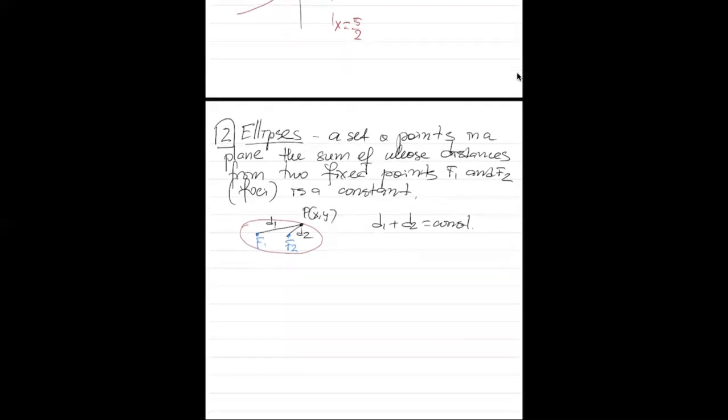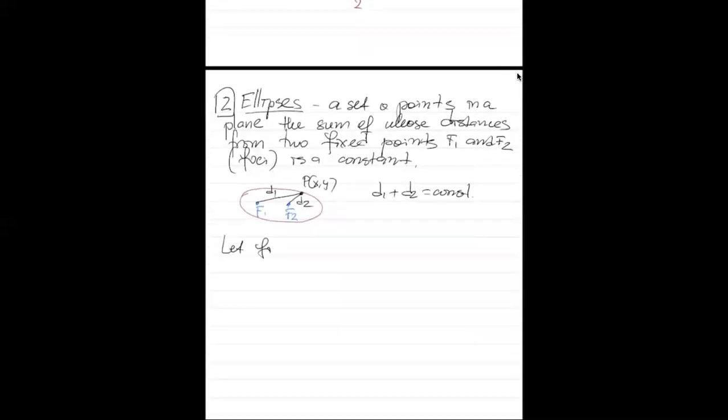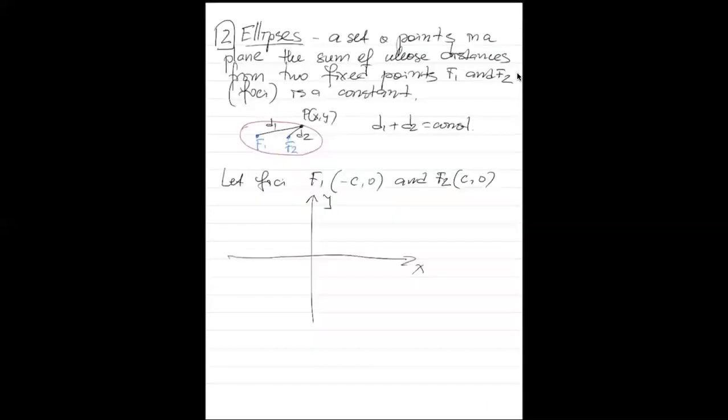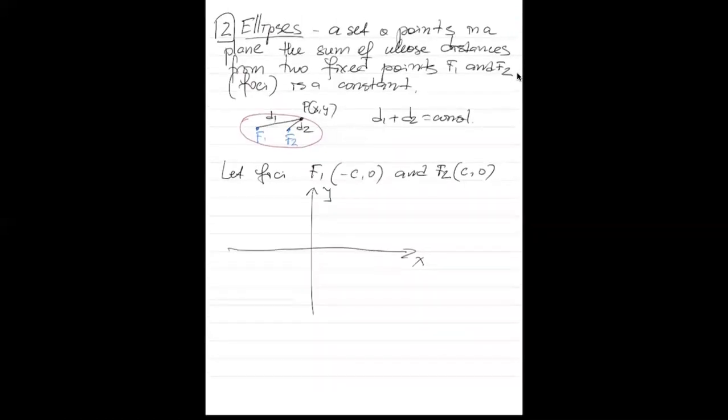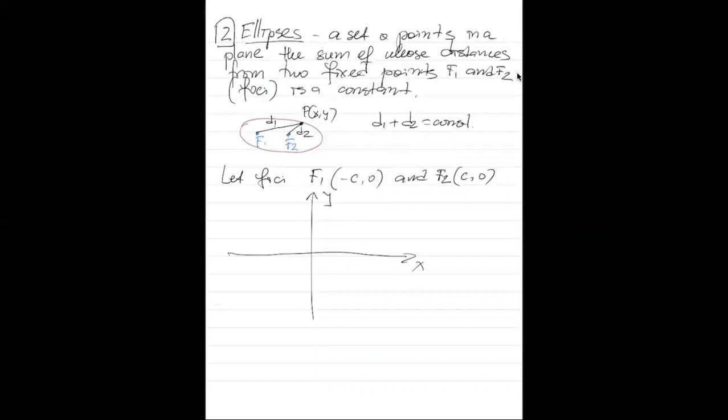So let the foci be F1 with coordinates (-c, 0) and F2 with coordinates (c, 0). So we want the two foci to be on the x-axis. So here is the first one and the second one. F1 (-c, 0), F2 (c, 0). So our ellipse looks like that.